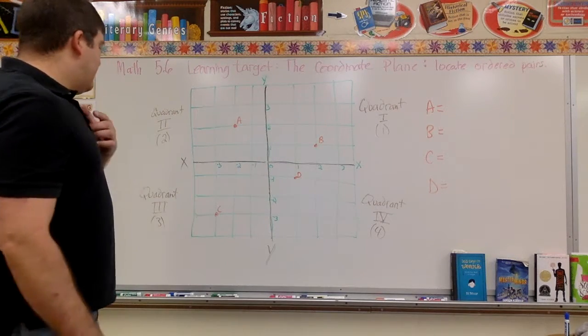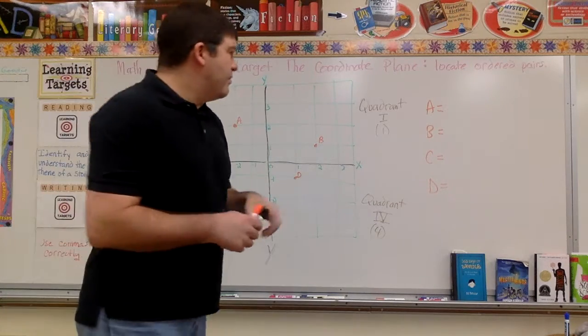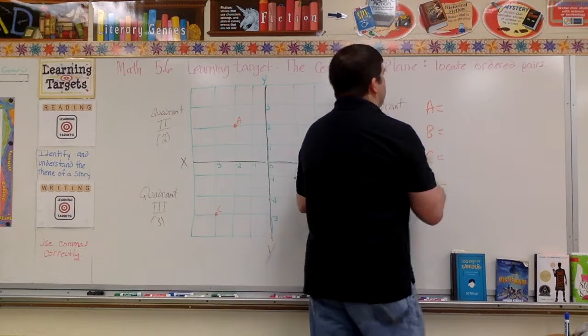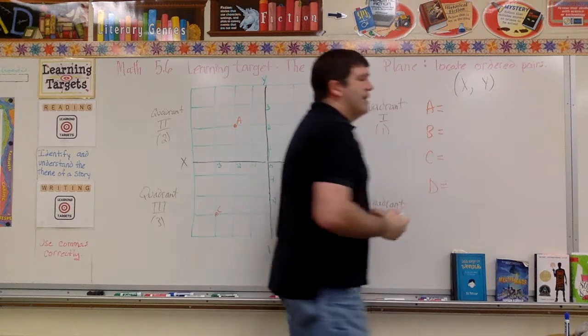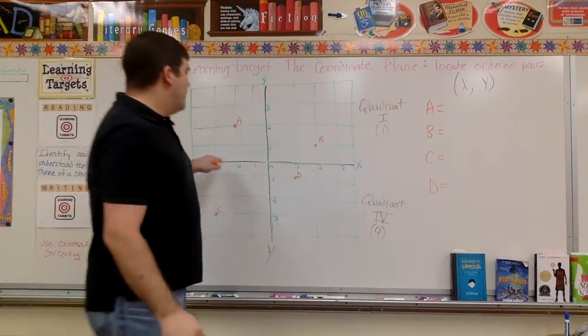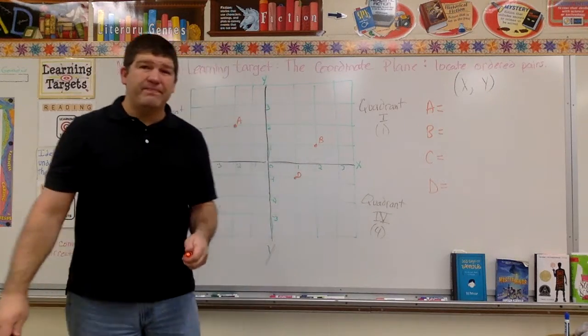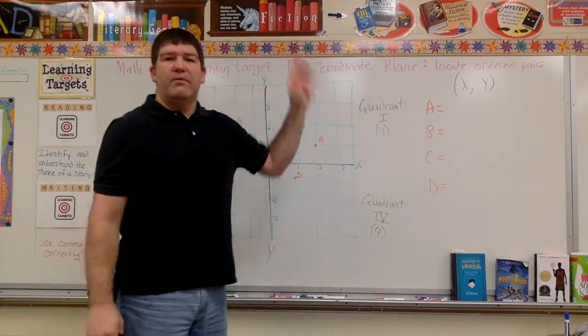All right, now the way we find ordered pairs is like this. X, Y. Your X comes first. It's X and then Y. And the way I know that, it's like a ladder. Okay? I need to do the X first before I go up or down.